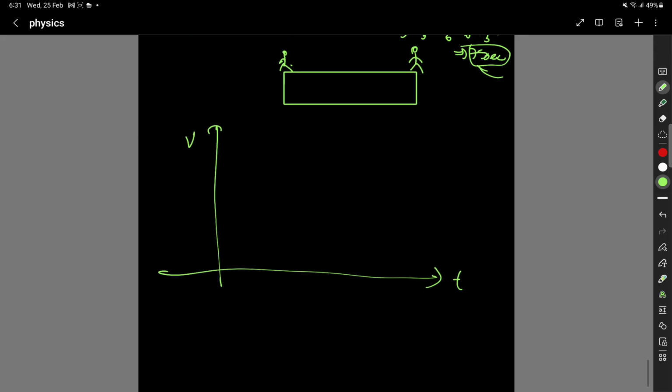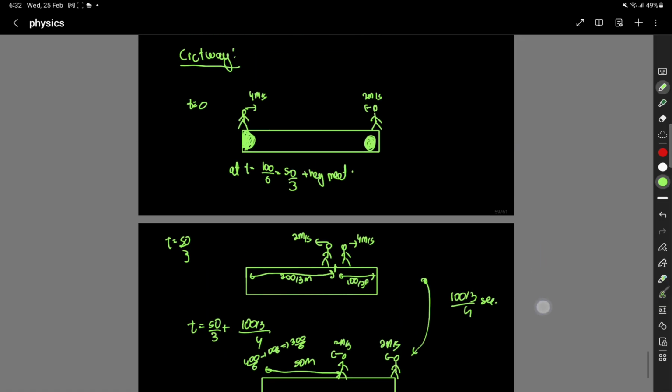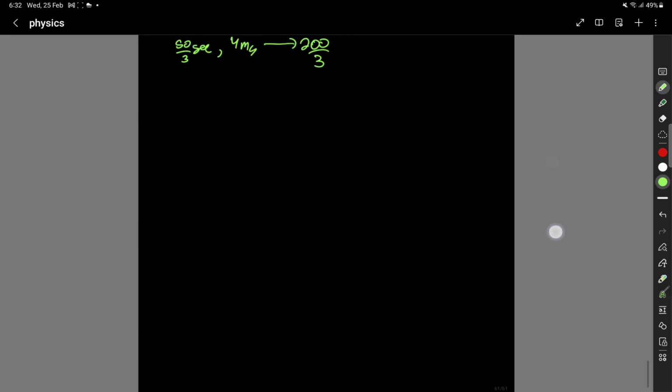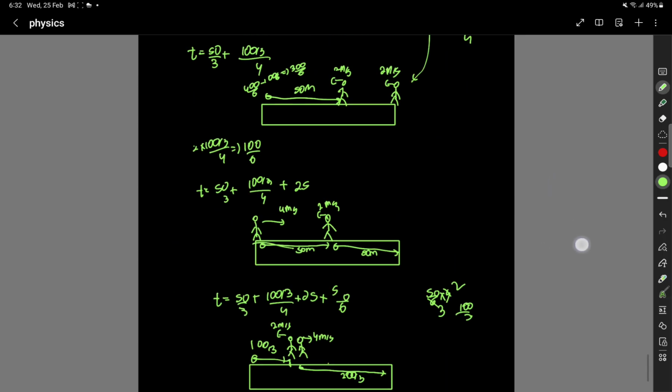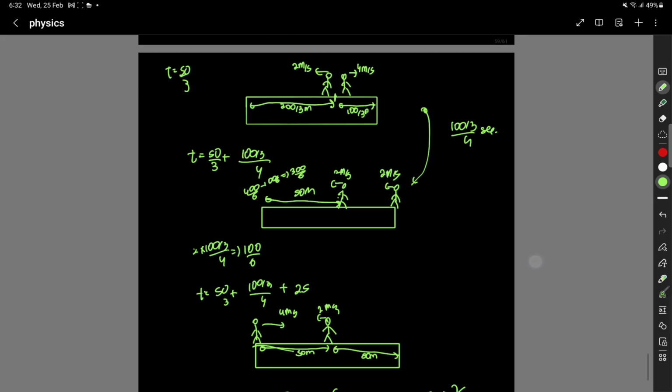For 50 by 3 seconds, 4 meters per second, 200 by 3. Next, for 100 by 3 by 4 seconds, he has traveled with 2 meters per second.